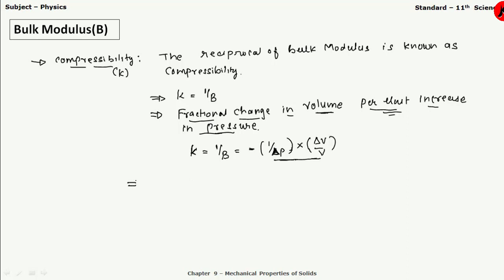Now one more thing: bulk modulus for solid is greater than bulk modulus for liquid, which is greater than bulk modulus for gases. Why?